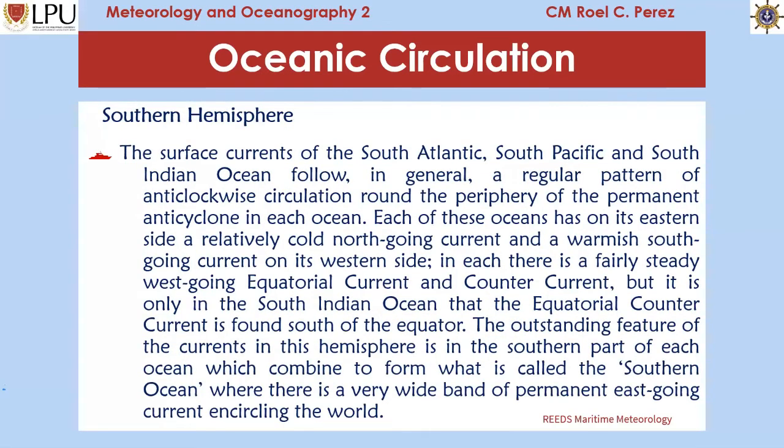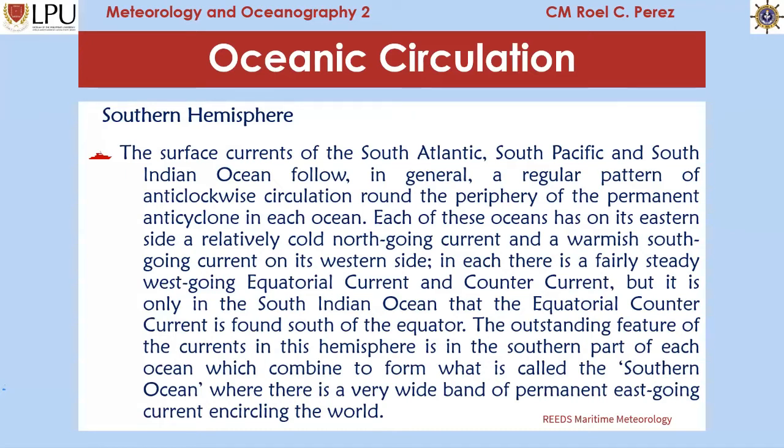Okay, in the southern hemisphere, the surface currents of the South Atlantic, South Pacific, and South Indian Ocean follow, in general, a regular pattern of anti-clockwise or counterclockwise circulation round the periphery of the permanent anticyclone in each ocean.